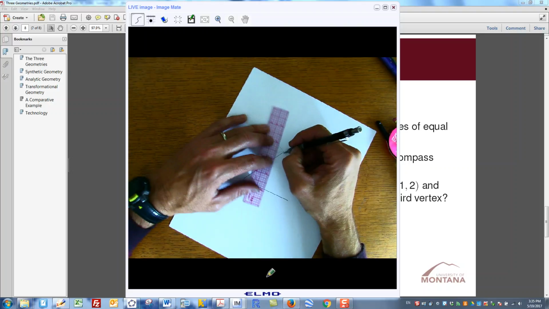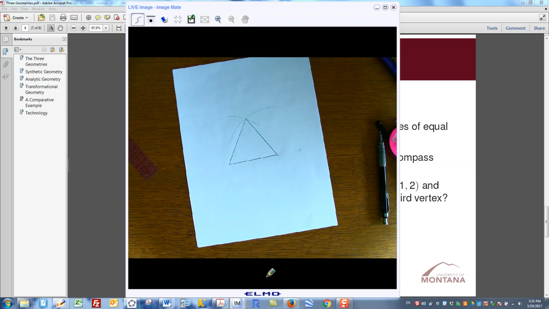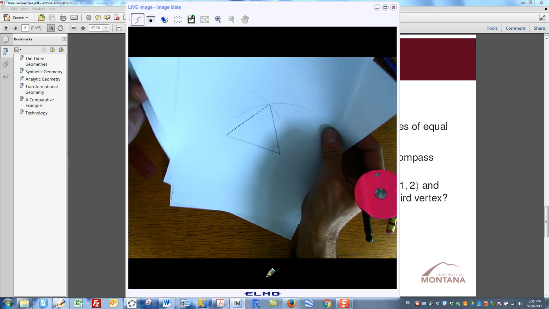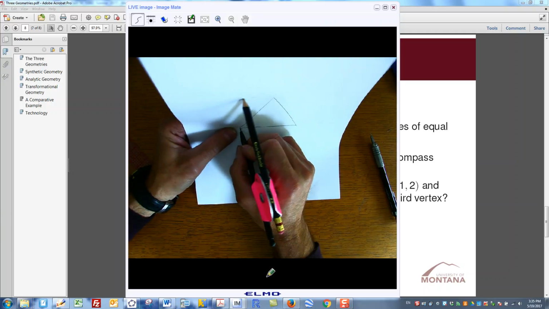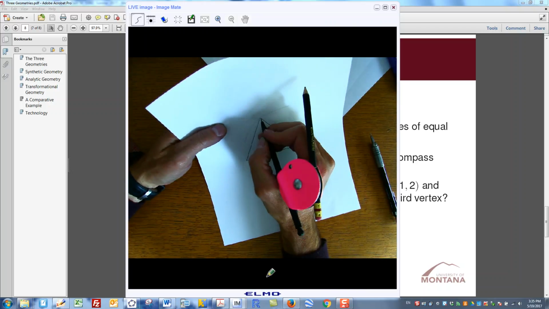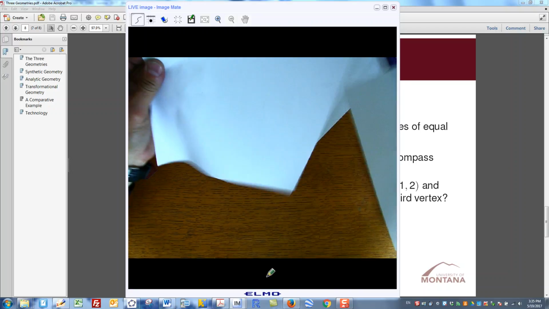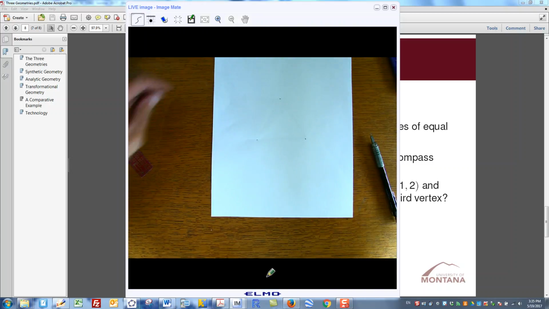Okay, so I got one drawn up. And then what I want to do is poke some holes in this guy to draw, I guess I could just use this, to draw one up underneath it that I could cut out. So if I poke through here, and poke through here, and poke through here, then I should be able to use those holes to draw up an exact copy of the one I had before.